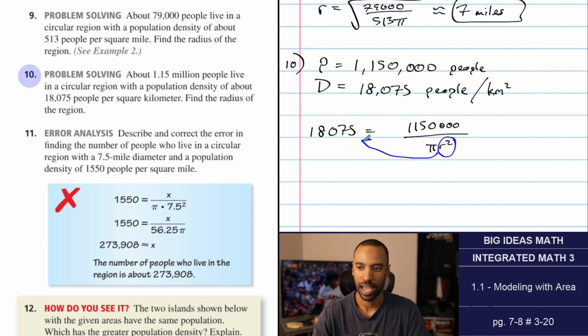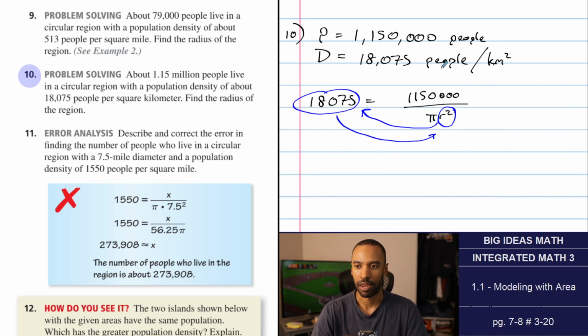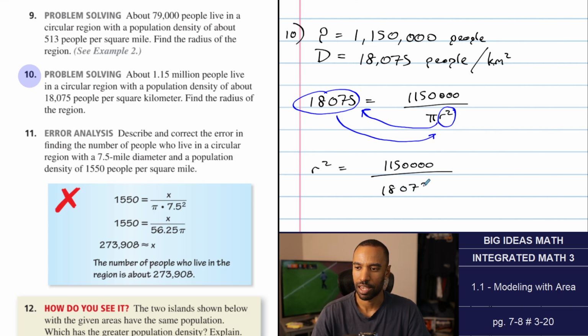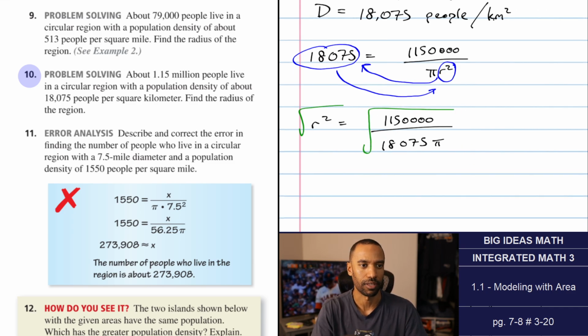I'm going to move this guy up, and I'm going to move this guy down. It's a switching-places thingy: multiply both sides by r squared, divide both sides by 18,075, and we'll end up taking the square root of both sides ultimately. So this will be 18,075 pi. So now we do the square root there, and I'll go straight to the calculator with that.